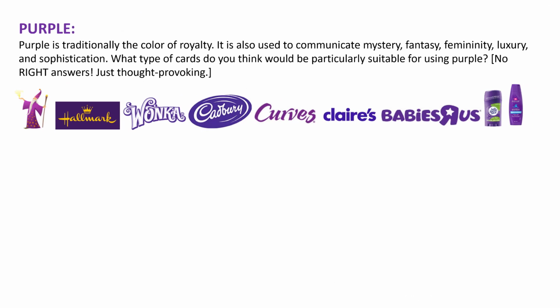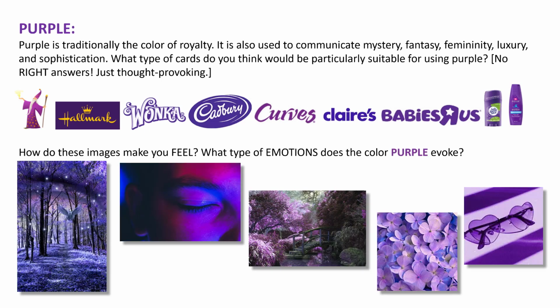Well, there's purple, and purple is the traditional color of royalty, but it also can mean mystery and fantasy and femininity and sophistication. And purple is my favorite color, but it's a little bit difficult to describe how it's used in terms of art. This first picture is a fantasy picture, and sure enough, it's purple.